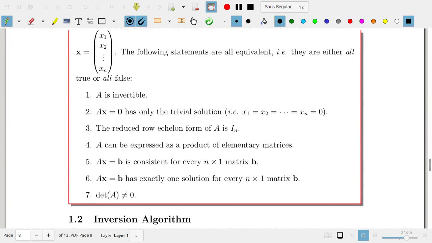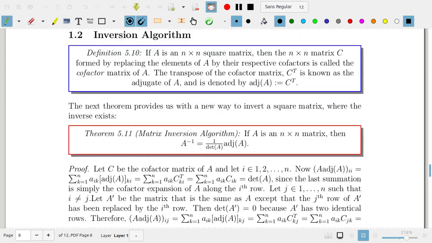Notice the last statement, determinant of A is not equal to 0. Okay, so that's that.